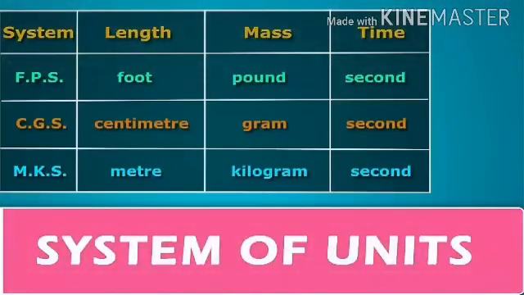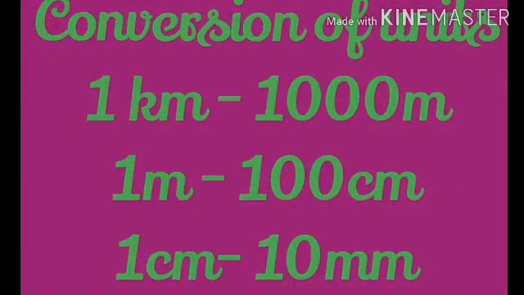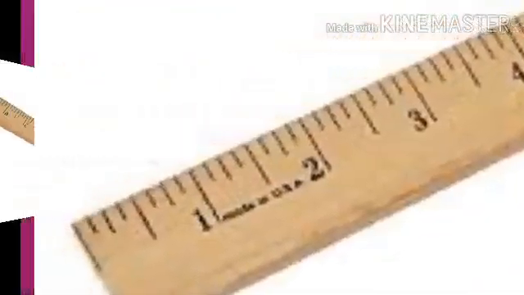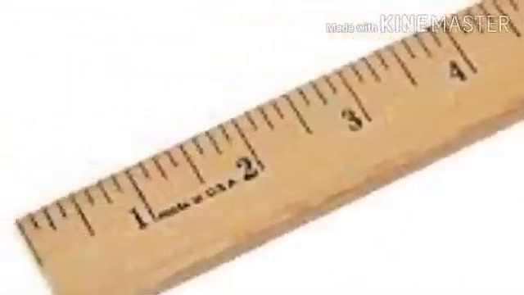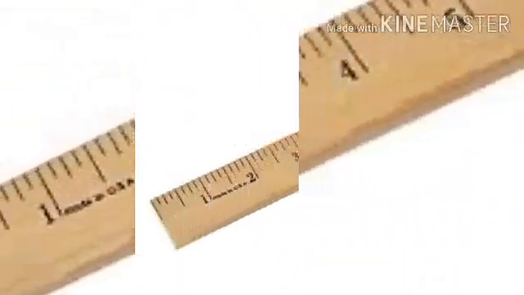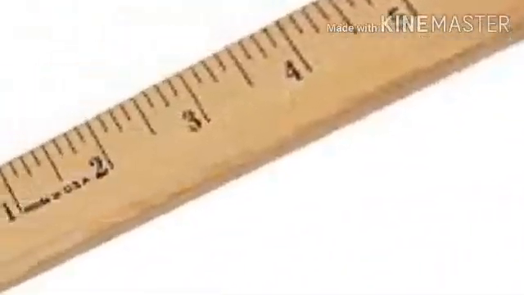Next, conversion of units. Listen here. Take a small scale. In that, the lines are marked 1, 2, 3, 4 till 15.